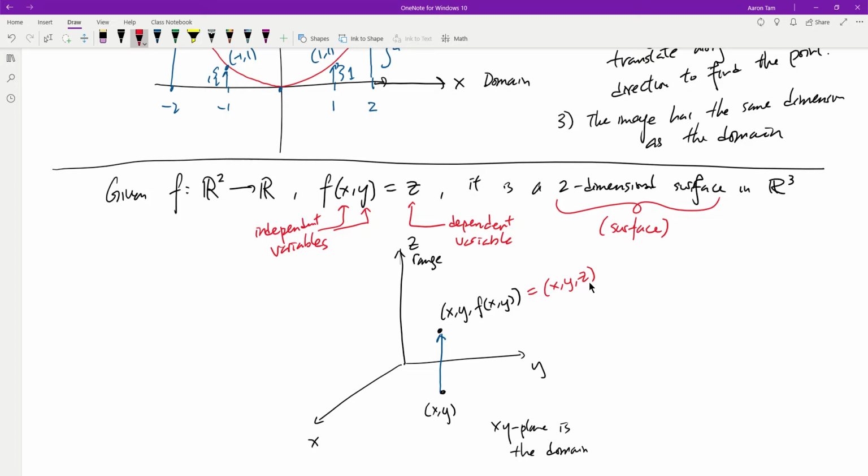And how do you actually generate the graph? Well, by repeatedly doing that for every single point in the domain.